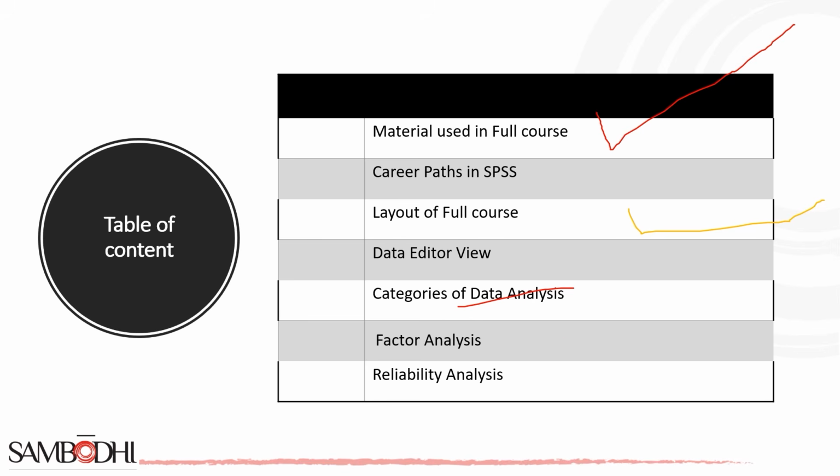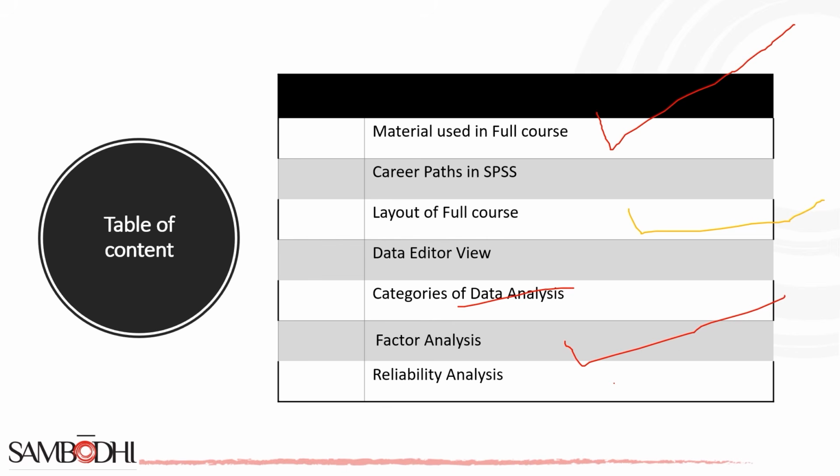Factor analysis, this is an important technique that we use especially when you are doing an exploratory study and you don't know which variables matter, and researchers are keen to analyze which factors are related to your study, and if you have multiple variables you want to see which category they come under. So factor analysis is a very common technique which is used. We'll obviously learn about factor analysis.